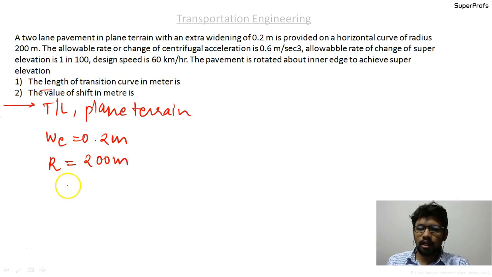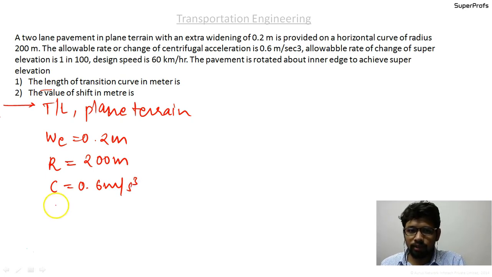The allowable rate of change of centrifugal acceleration is C equal to 0.6 meters per second cube.